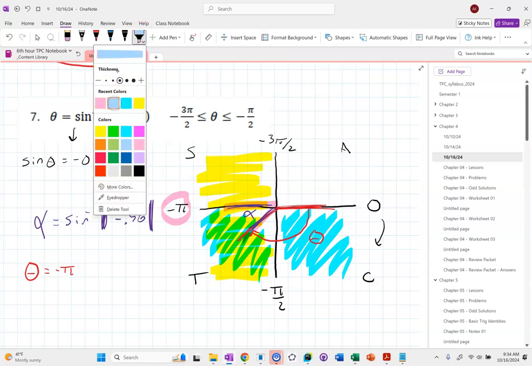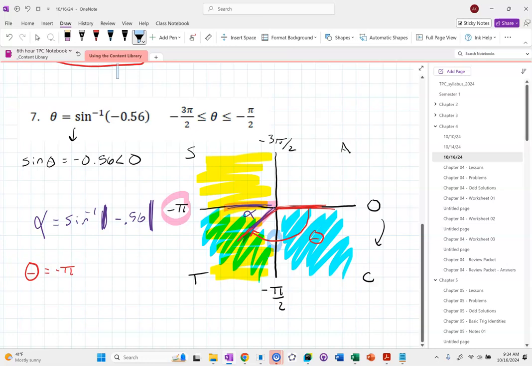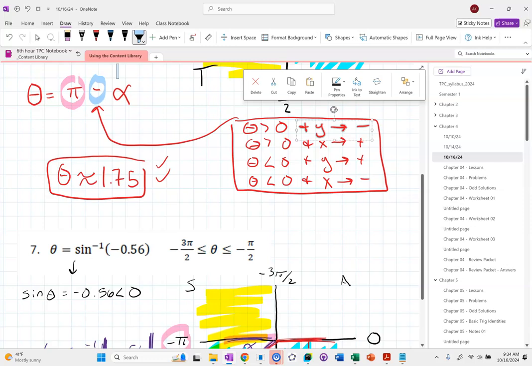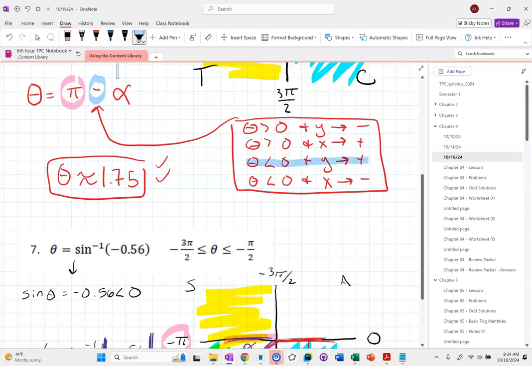And then I'm going to be looking at what's the last axis I crossed before running into the terminal side. That's a y-axis. So if I go up here, I have theta and is negative, and we crossed the y last, so we should be adding.